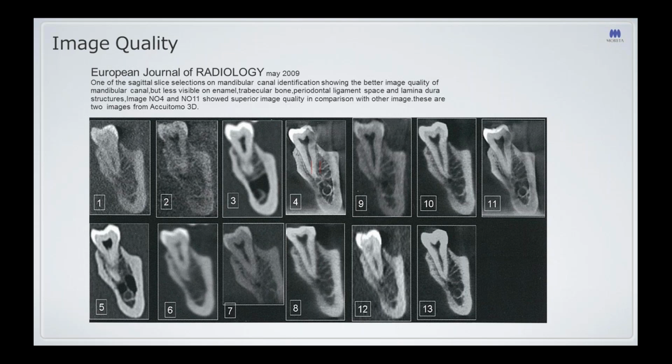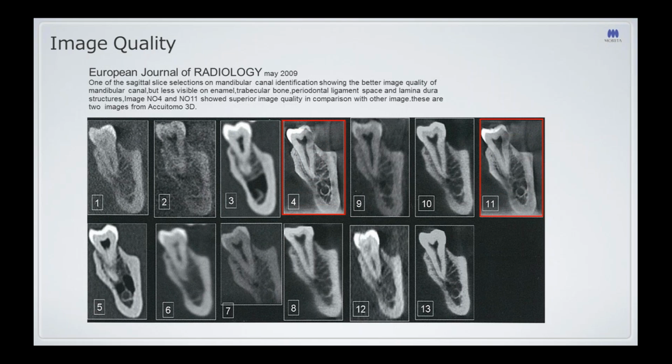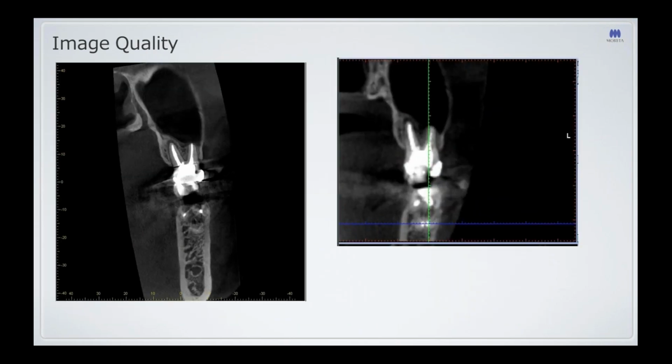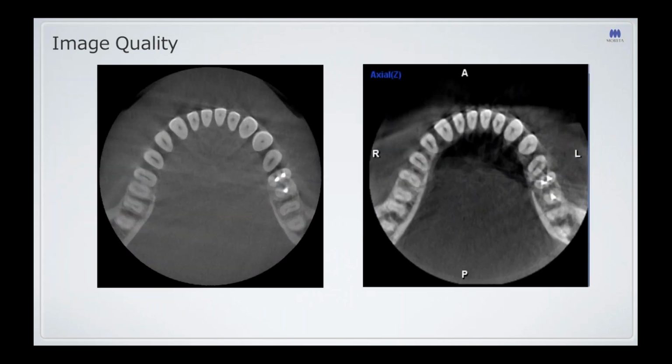All of those come into play to give you good quality images. And there is a vast difference between a sharp, clear image and a low quality, low resolution image that may or may not have patient noise, patient movement.